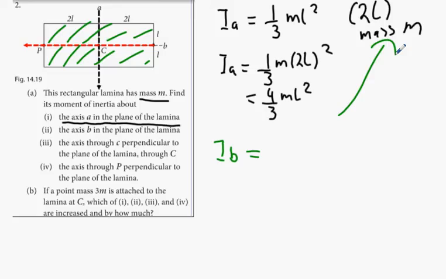Sorry? No, it should be a third ml squared. Is it at the end? Axis B. Same as the pre-rehearsed one.